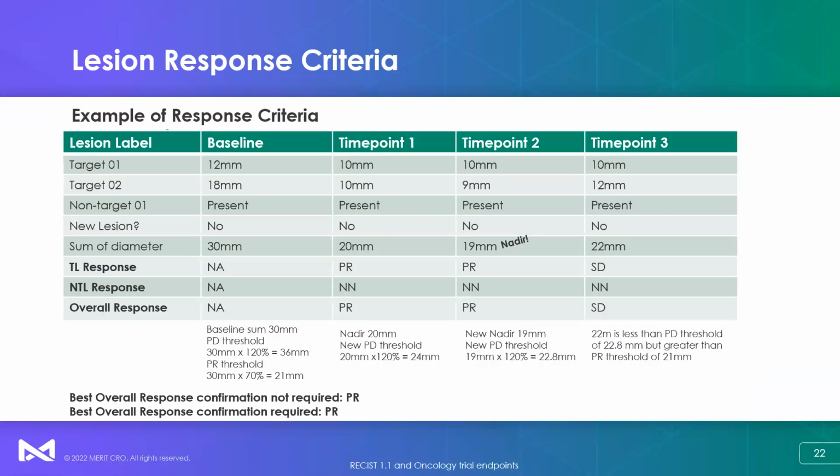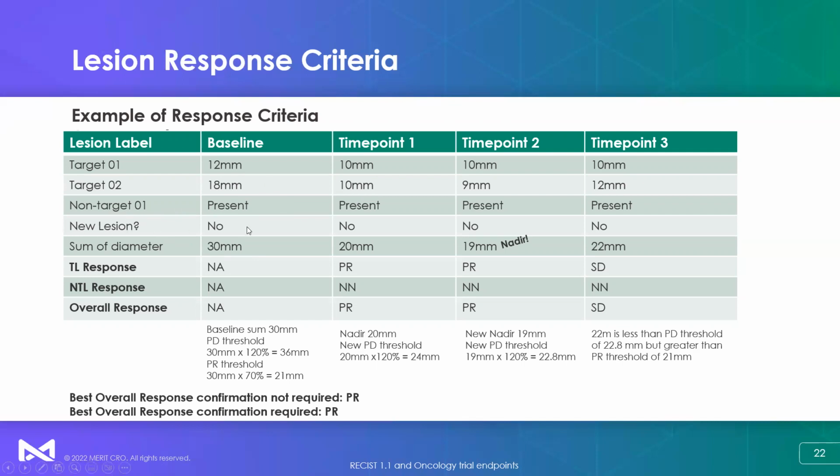And for lesion response criteria as a whole, I have a short, simple example here, in multiple time points. I have 2 target lesions, 1 non-target lesion, and a new lesion status. Each of the target lesions would always have a measurement associated, so that the sum of diameters can be calculated. At the non-target lesion level, each non-target lesion would be recorded with a qualitative assessment, which should be present or absent.